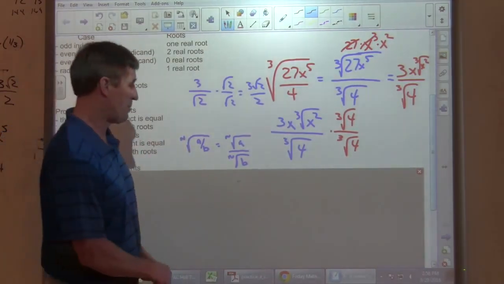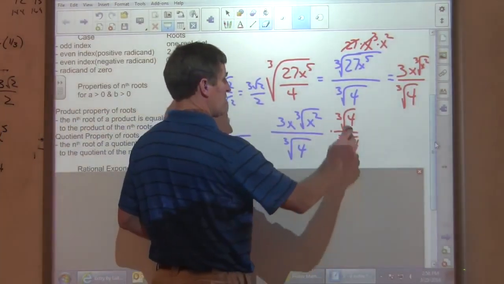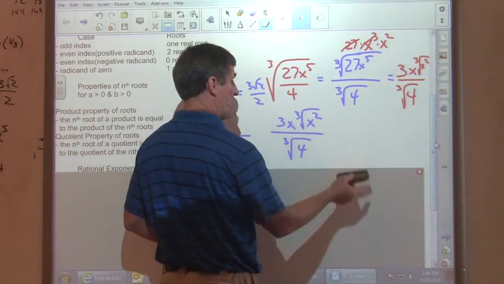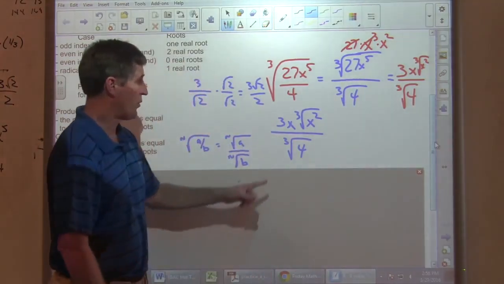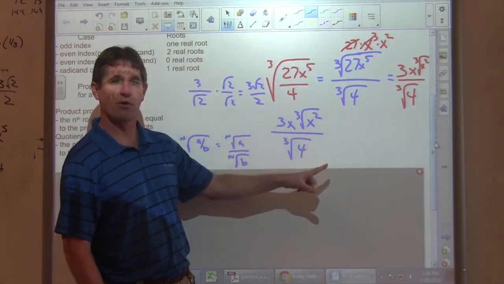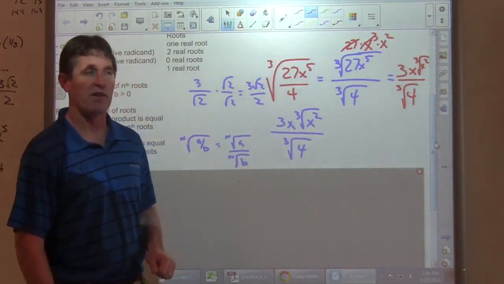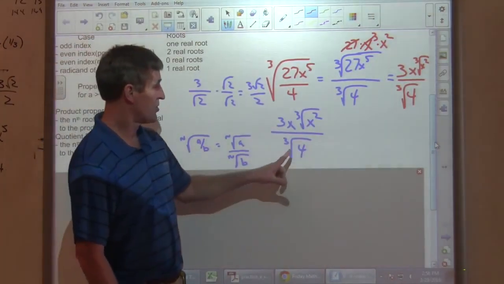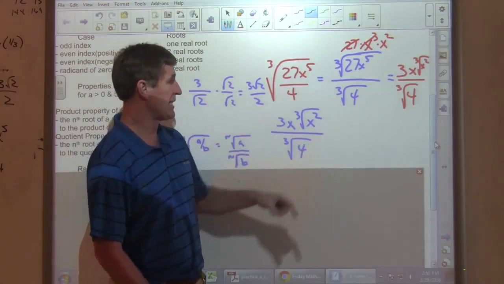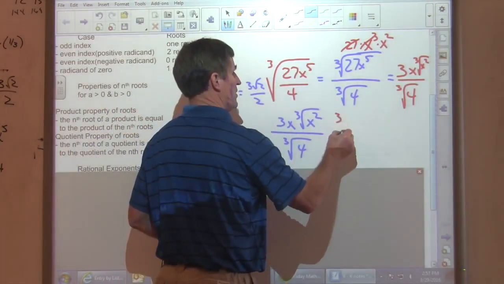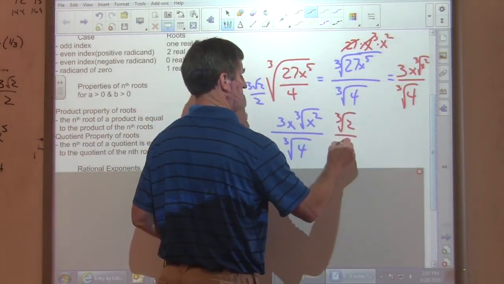So we have to multiply this by something that I can take the cube root of. And so if you look back at your list, what you want to look for is the first thing that 4 goes into that I can take the cube root of, which would be 8. So what do I have to multiply 4 by to get to 8? That would be the cube root of 2.